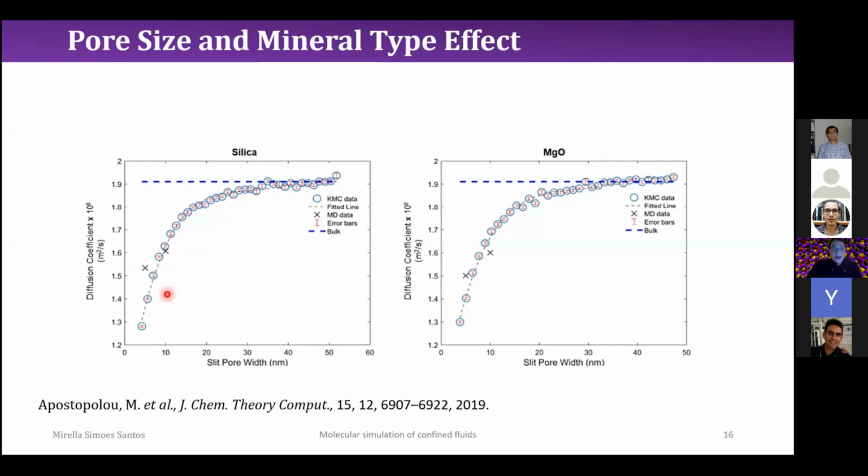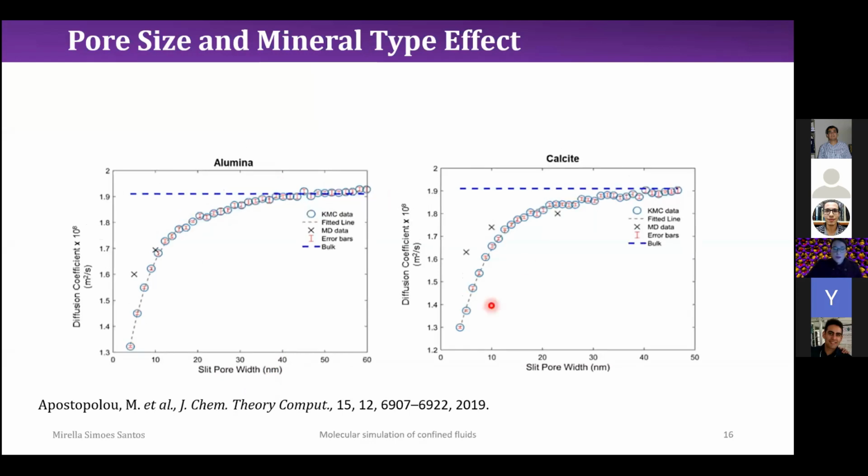And so what we see is that as the slit pore is increasing, so now we have pores of much higher width than we had before when we were using the atomistic description with molecular dynamics simulations, and we see that as we are increasing the pore width, the diffusion of methane is tending to go to the bulk value.